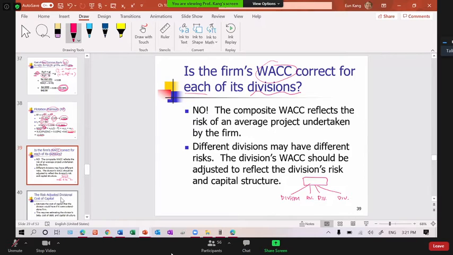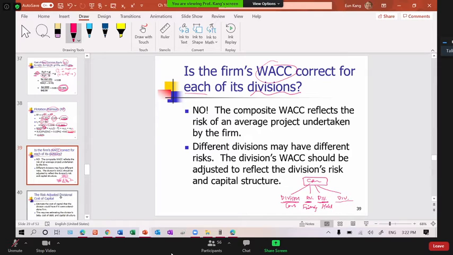Then they may have different characteristics of their business. For example, even though it is a car company, the main division is just selling cars. But some other division, they may deal with financing, right? And some other division, the people use cars and then they may engage in hotel business.